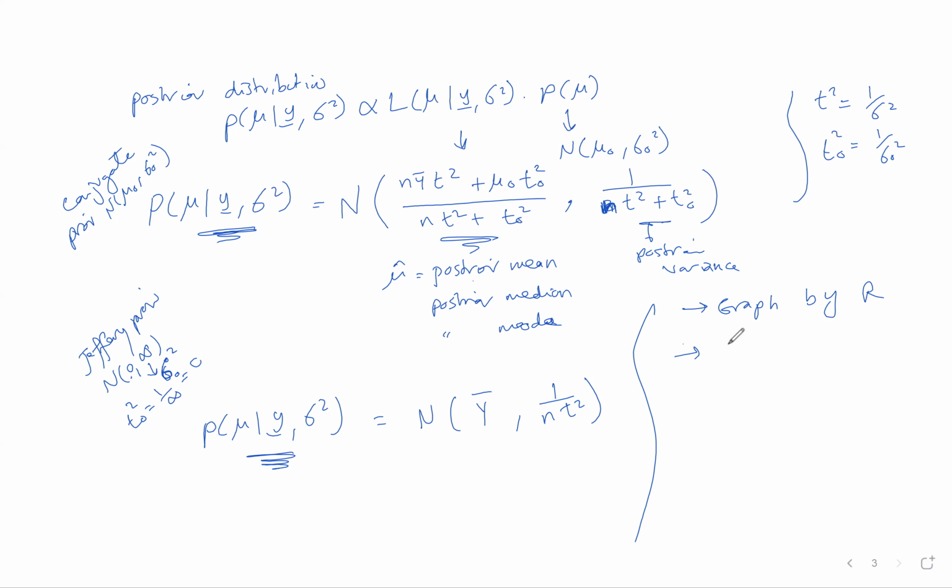You can calculate the credible set by R using the qnorm function. You can calculate the probability of H0. You can calculate the probability of H1 using the R function. The R function is pnorm. You can divide the probability of H1 by the probability of H0, you get the posterior odds.